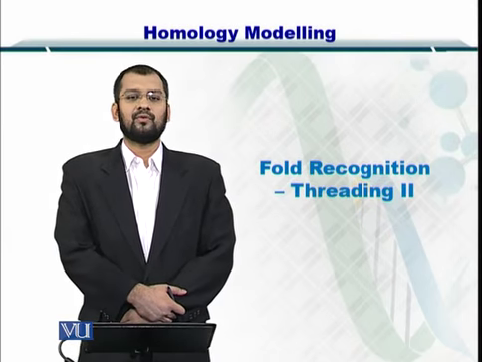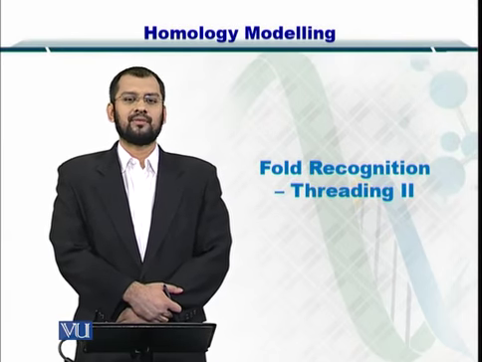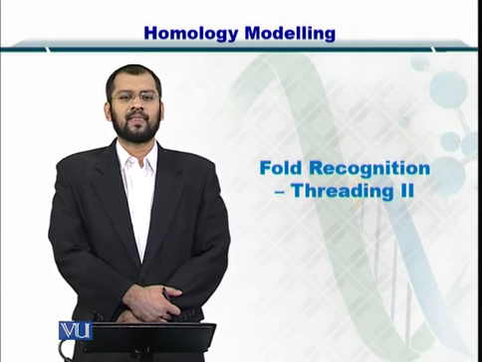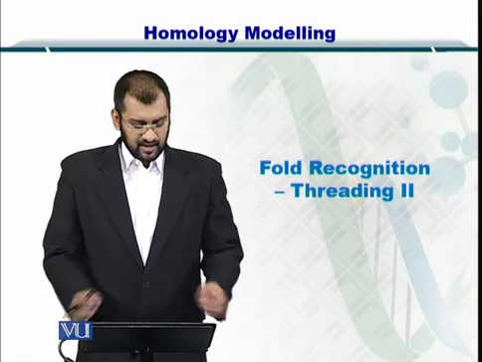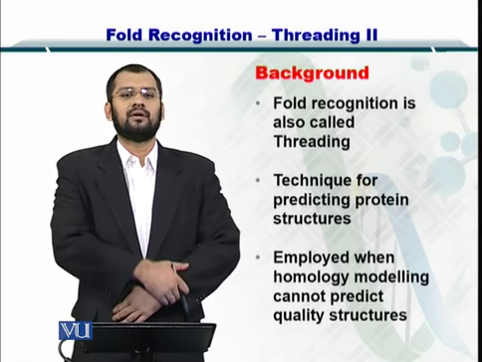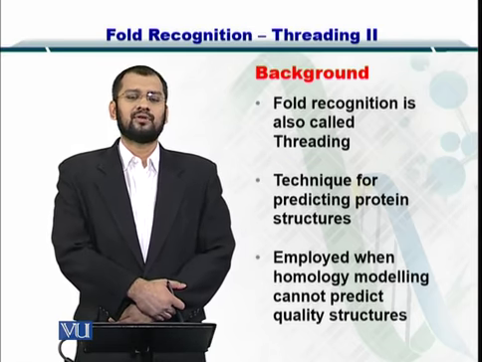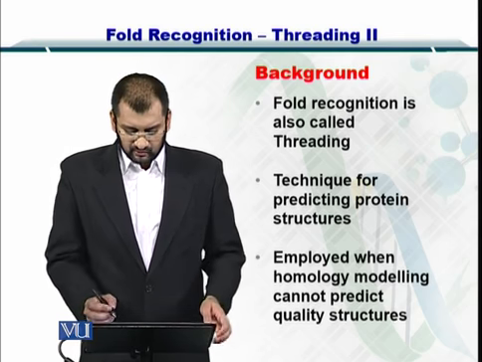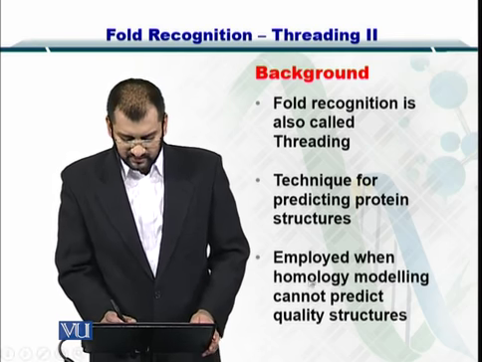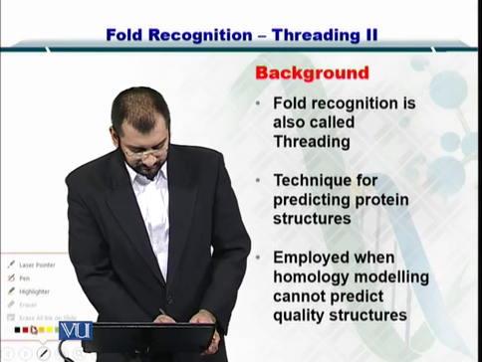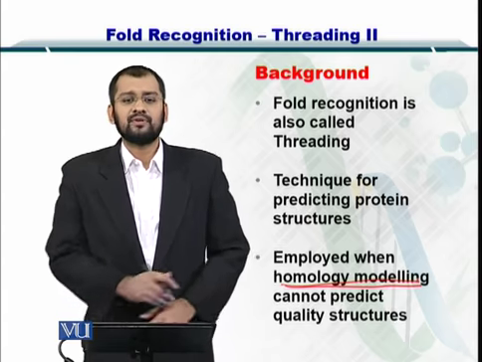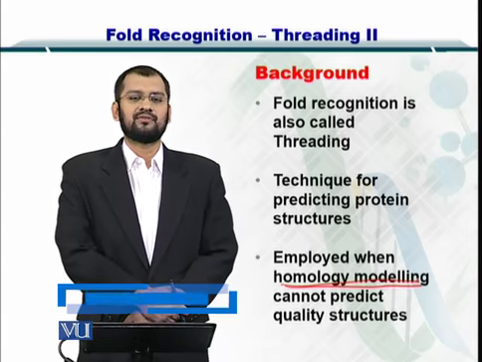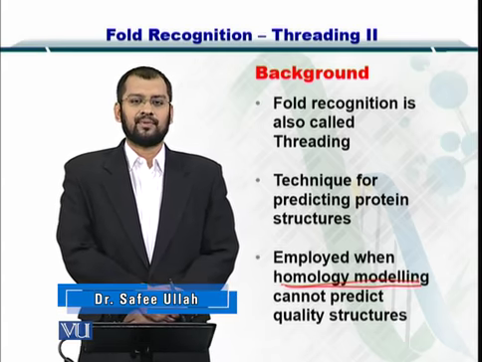Dear students, now we will continue building on our concepts in fold recognition. As you know, fold recognition is also known as threading, and it is a very important tool to predict protein structures. So this technique is employed in case homology modeling, which is the primary tool for predicting the protein structures, does not work properly.